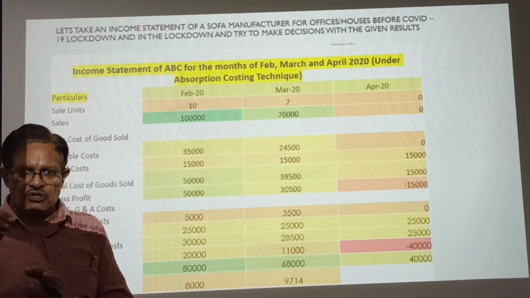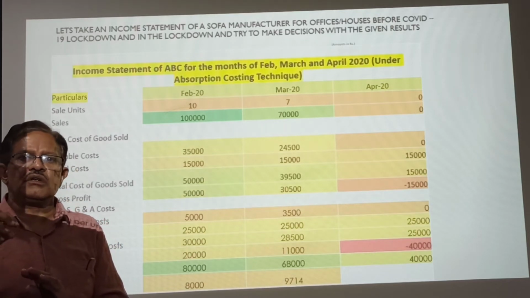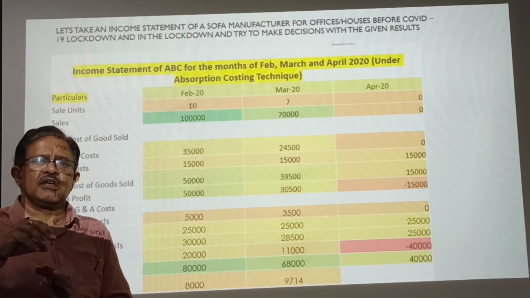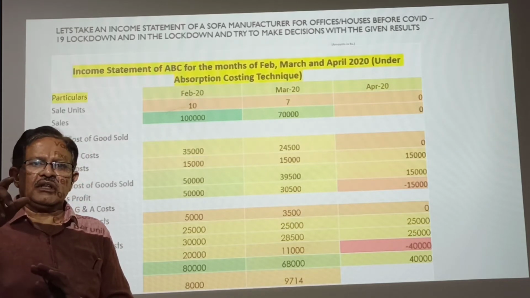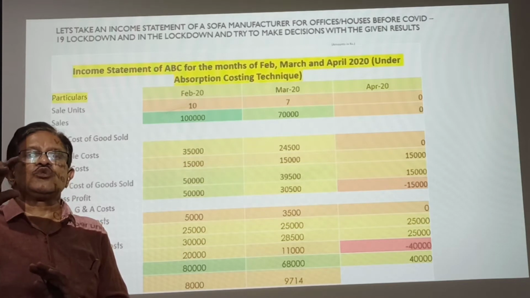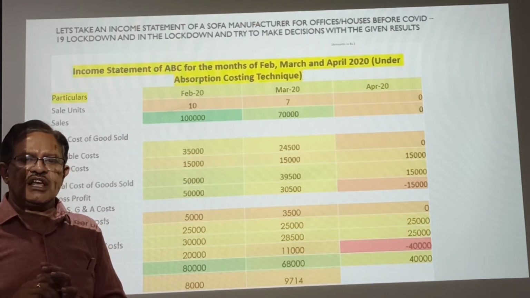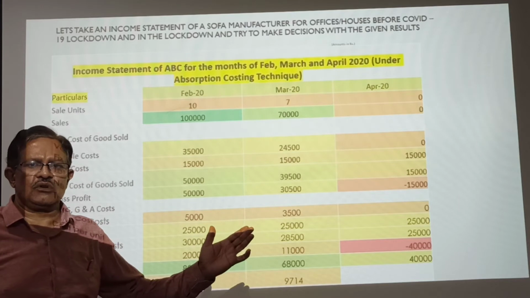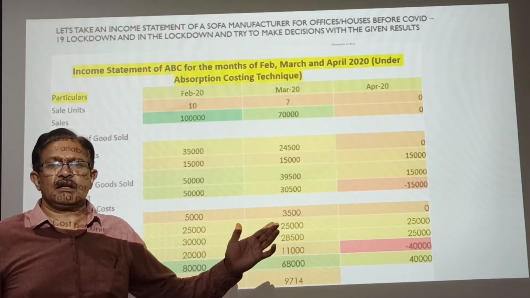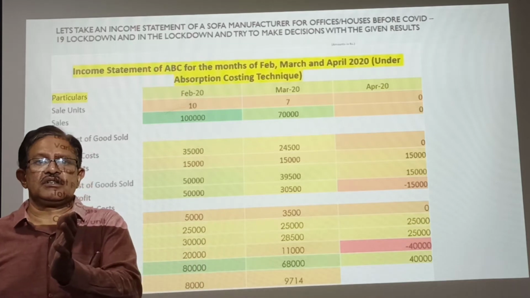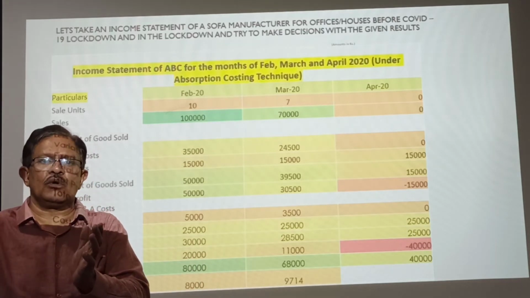Only when you are producing something, these costs are going to be incurred. These expenditures will go up or come down in relation to the size of the sales. If the sales are 0 and the production is 0, you are not going to spend anything on the variable costs. But if your sales go up, you will be spending more.